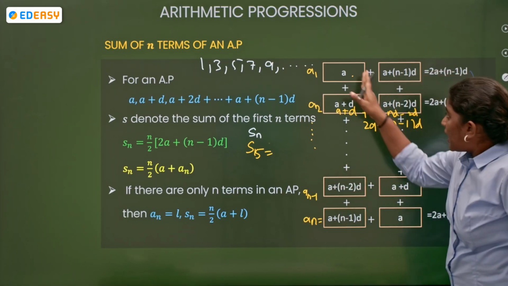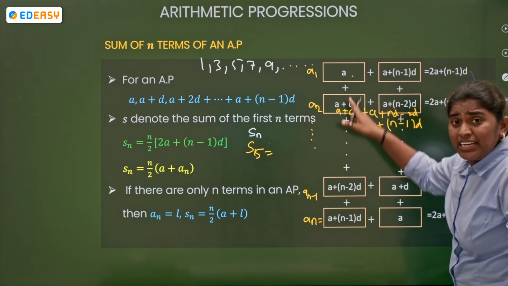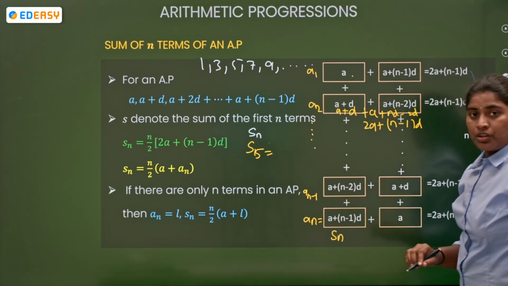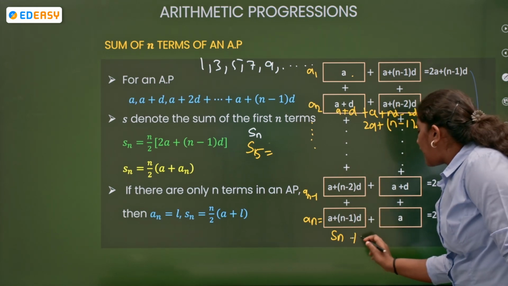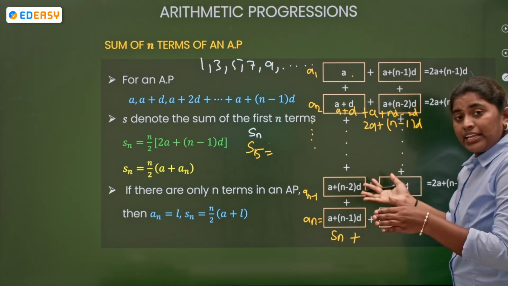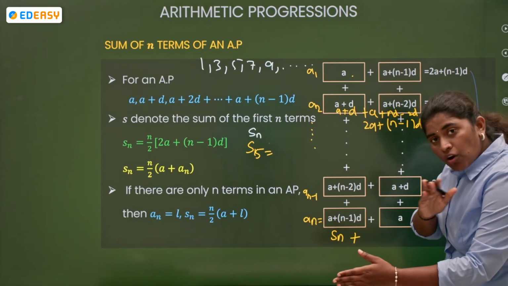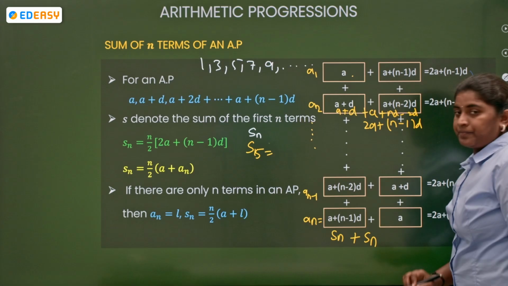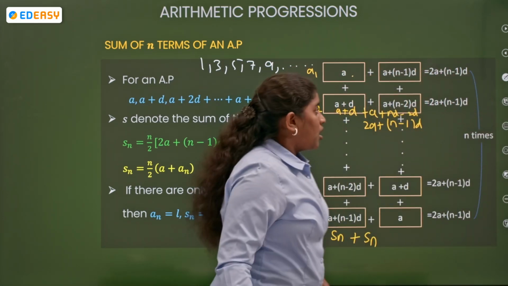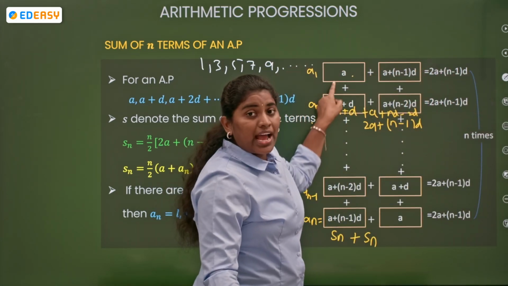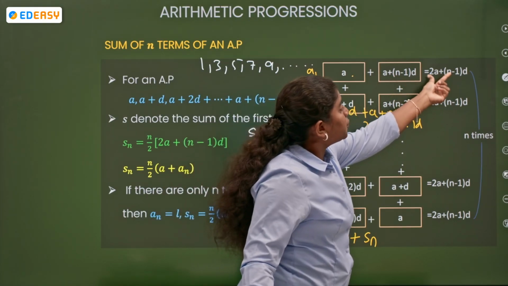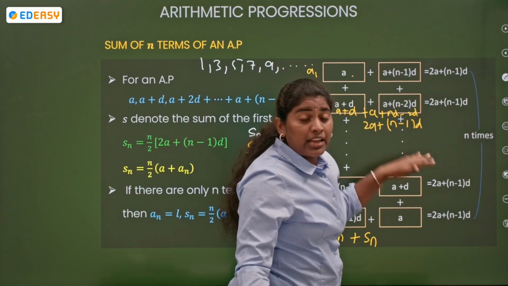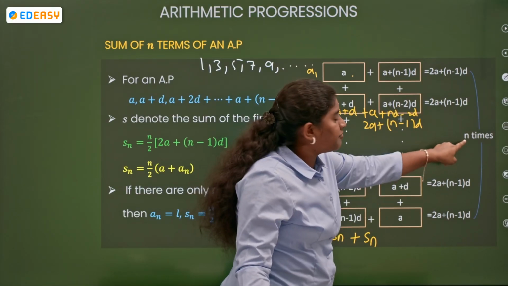Now I am adding the n terms of my AP, so here I get Sn. For this Sn, I add once again by taking the reverse of the AP and adding all the terms, so this will also give you Sn. Clear? On adding these terms, I get 2a plus of n minus 1 into d for all the values. How many values do I get? n values.